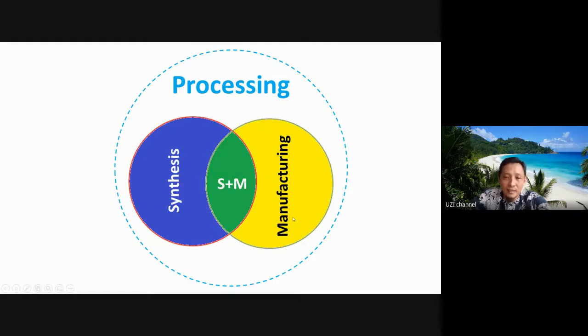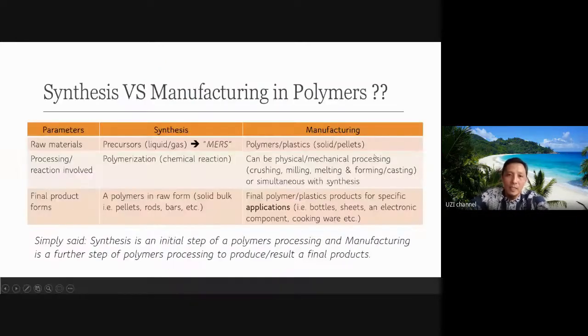In many cases, we may also find the process together with synthesis and manufacturing in one process. In the next slide we can find this. Okay, the basic difference between the synthesis and manufacturing of polymers, we can find this.